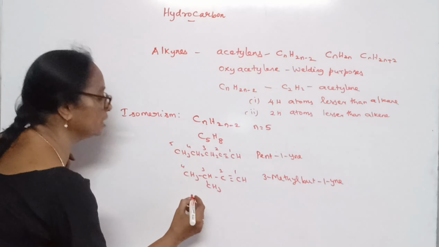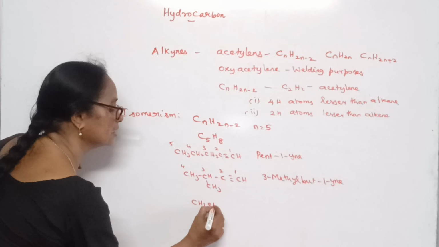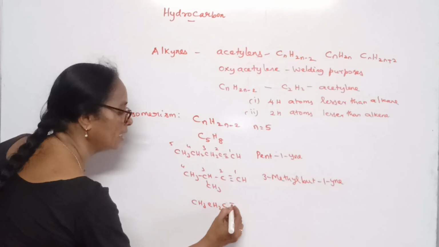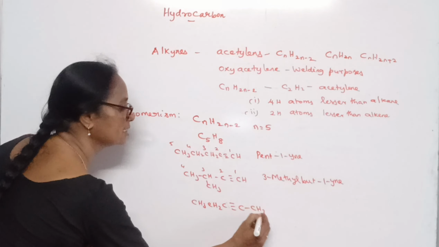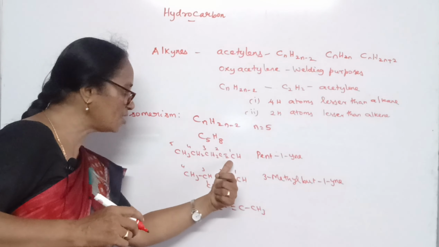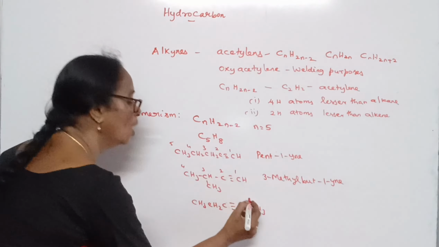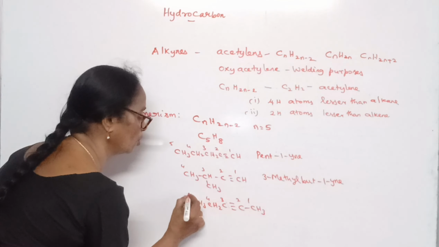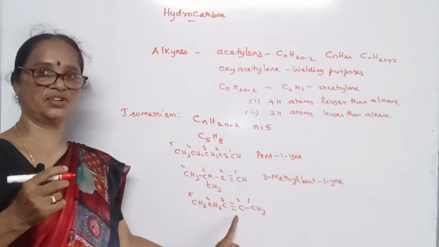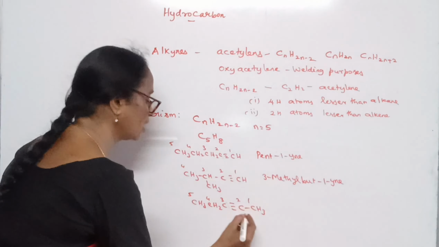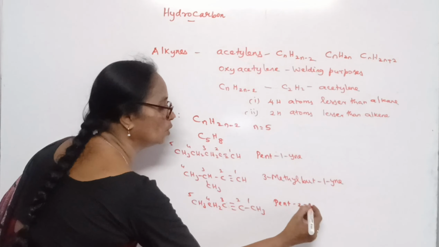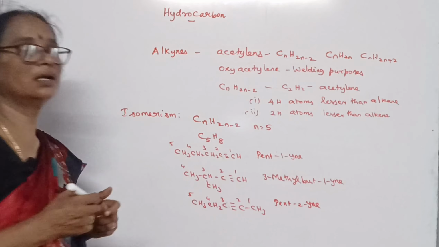Or we can make the position isomer. Let us change the position of the triple bond: CH3CH2C≡CCH3. See that? Same 5 carbon, 8 hydrogen, but the position of the triple bond, numbering 1, 2, 3, 4, 5, has shifted from first to second. So we can write the name of the compound as pent-2-yne.